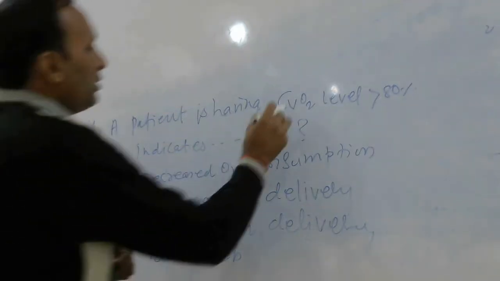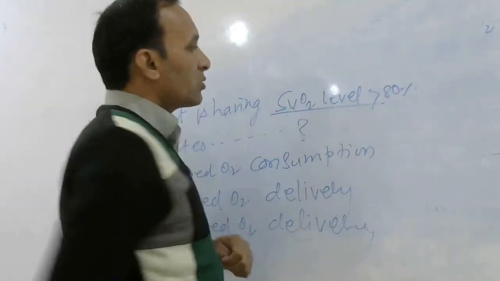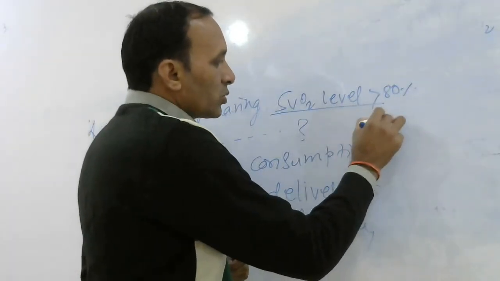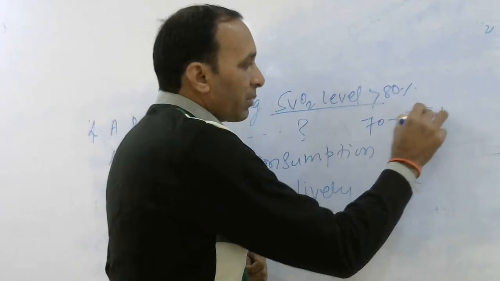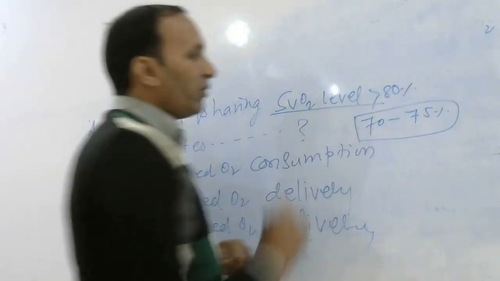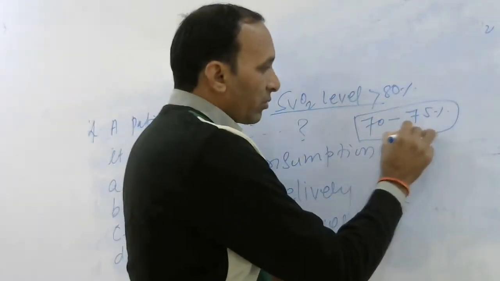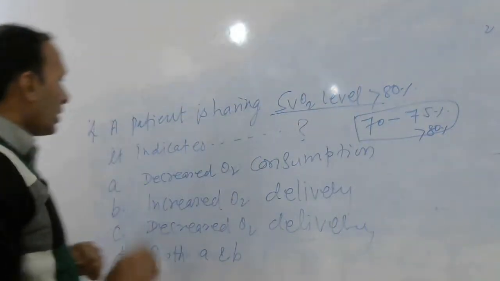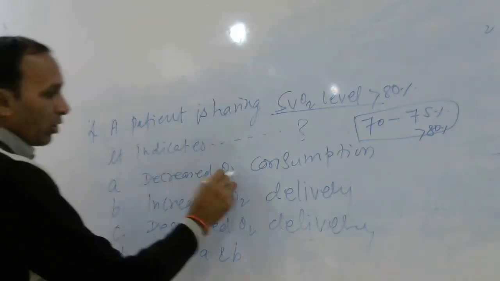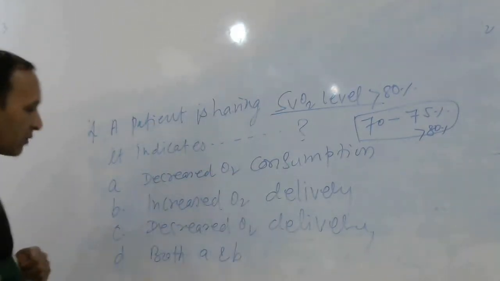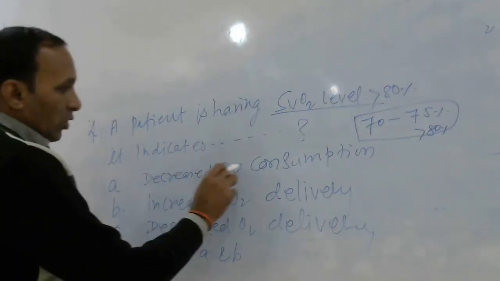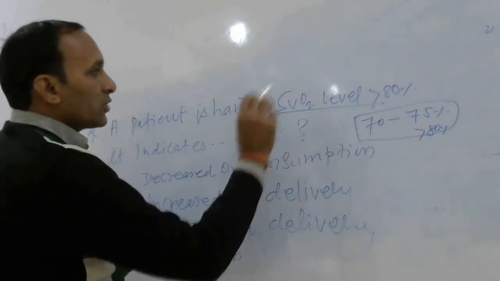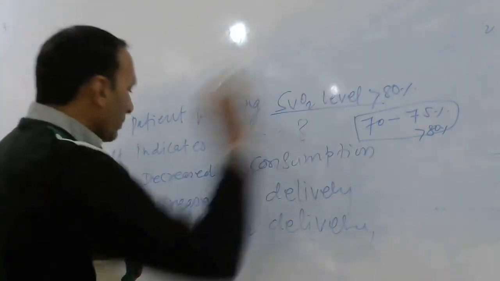So again student, in this patient report SpO2 level is greater than 80%. So normal SpO2 level is 70 to 75%. So we need to compare with this. So this patient case is more than 75%, meaning greater than 80% it is there. And you know that the SpO2 represents oxygen consumption and the oxygen delivery. So if there is decreased oxygen consumption, in that case, yes, there are chances that SpO2 level will be more.